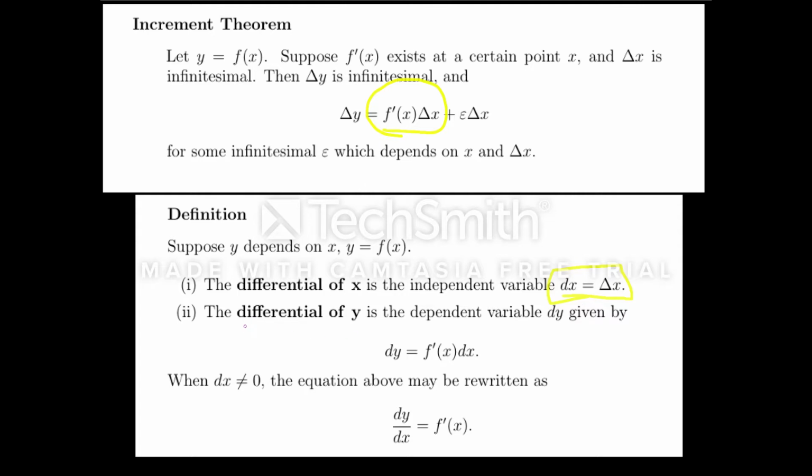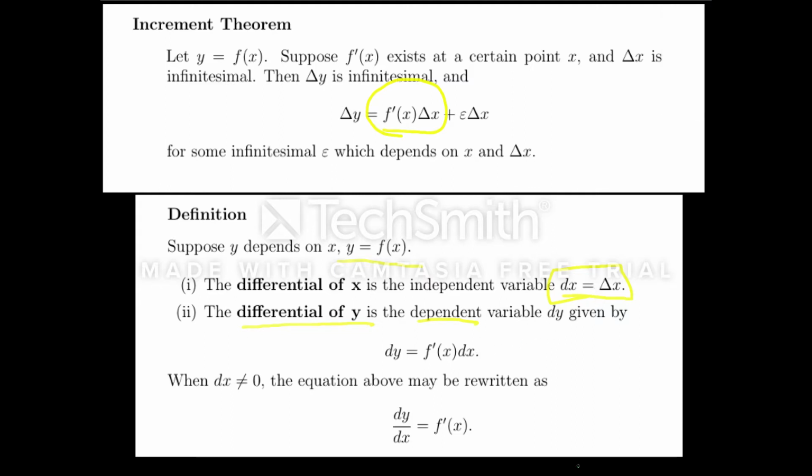Now, on the other hand, our differential of y is a dependent variable, and it is defined in this way. So if y equals f of x, then dy equals f prime dx, which we could change because we know dx equals delta x.